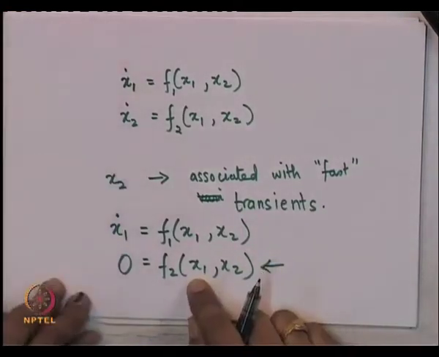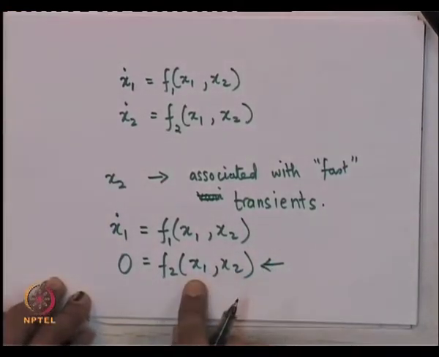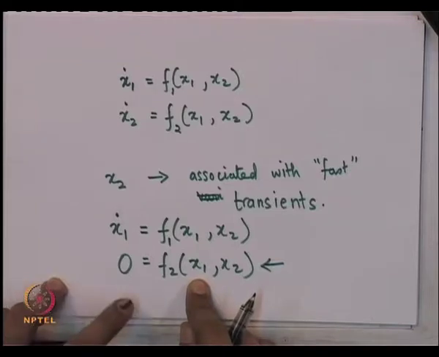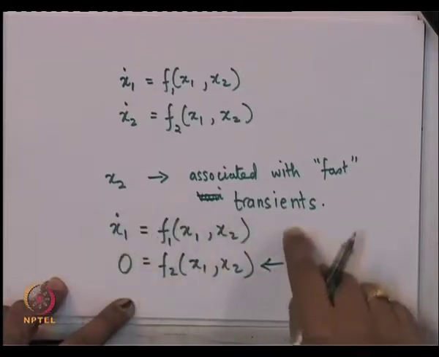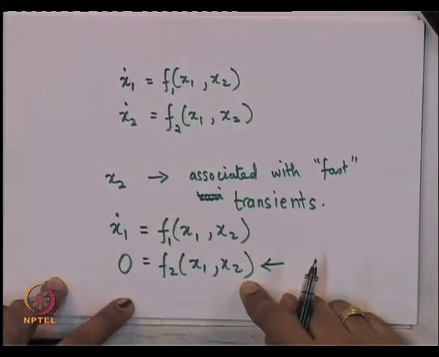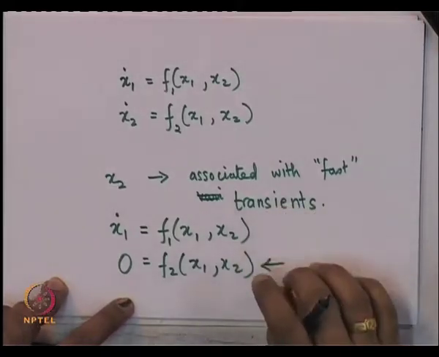That is, I am making x 2 algebraically related to x 1. So, in such a case, I will be able to capture the slow transient without making too many errors.